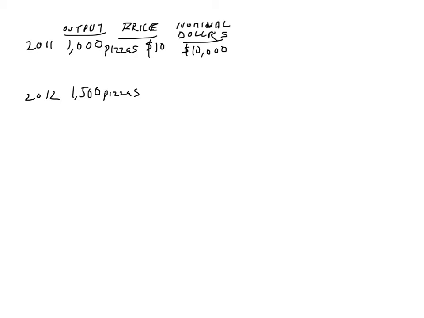And we'll say in 2013, they have a little downturn for whatever reason, and they can only make 1,350 pizzas. But then in 2014, they're able to resume their upward path, and they're able to make 2,000 pizzas.